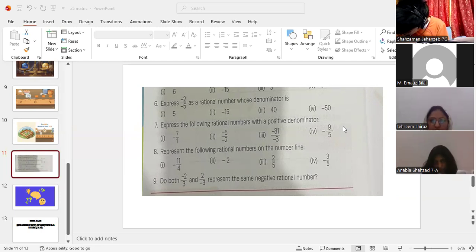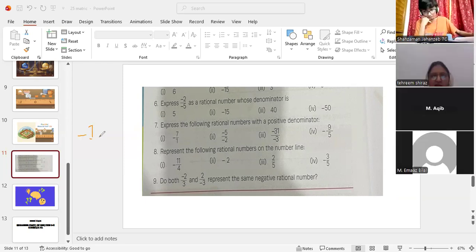Yes, Imaz. Ma'am, can you tell question 7, part 1? Imaz, don't mute yourself. Just listen to me. If the minus sign is like this, it means that the minus sign will be with the numerator.